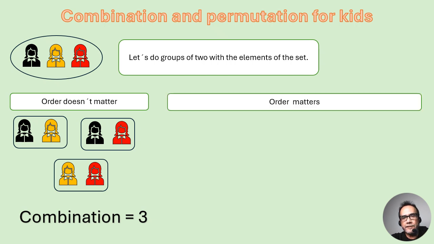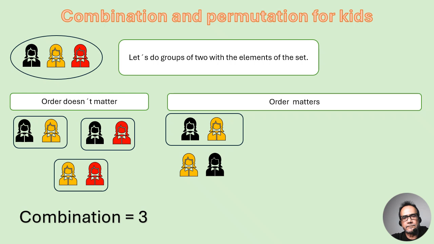If the order matters, we can do our groups of 2 with the elements of the set in this way. The black and the yellow, and the yellow and the black. Remember that in this case the order matters, so those 2 groups are considered to be different.